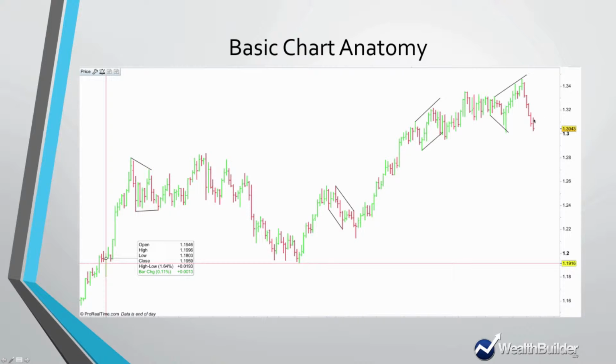Looking at this latest one, the high of this bar is the highest price that the market traded at this particular day. The low of the bar is the lowest price that the market traded at on this day. That little appendage to the left, that's the opening of the market, and the appendage to the right, that is the closing price of the market. So now you know what that means.